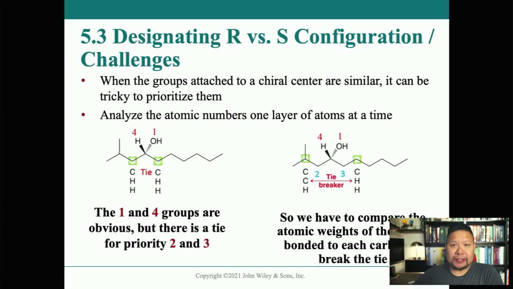So, designating R and S continued. We have some challenges here. One of the challenges is if two of the substituents connected to the chiral carbon are the same. Here we have a carbon and we have a carbon, and they're the exact same. They're both CH2s. They tie: carbon to carbon, then CH2s, 2 H's each.